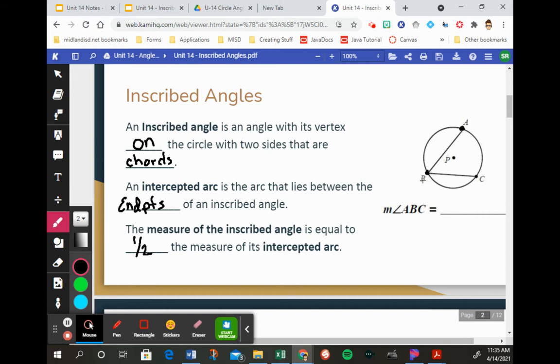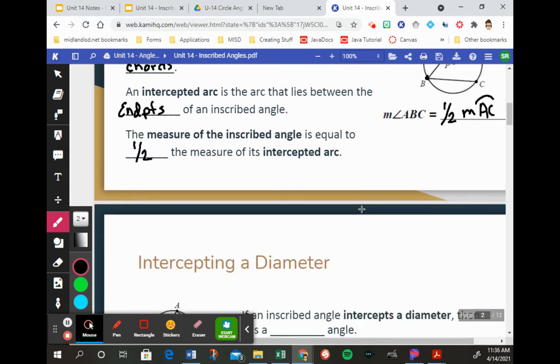So the measure of angle ABC is equal to 1/2 the measure of arc AC. Okay?